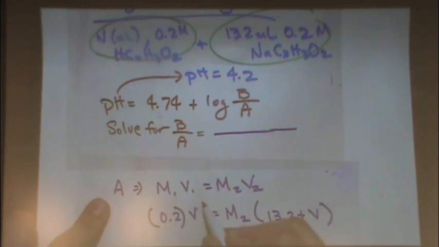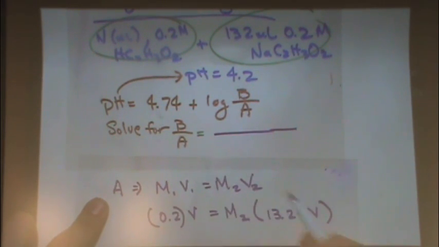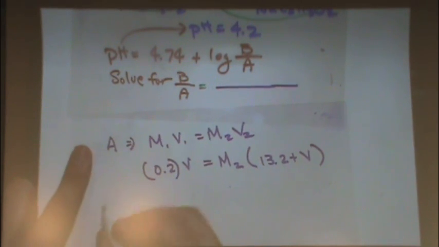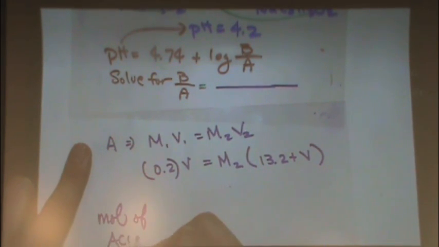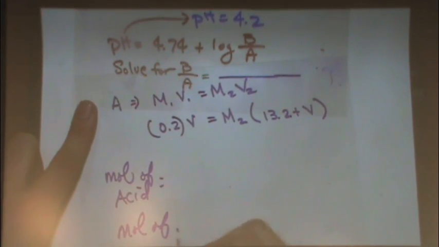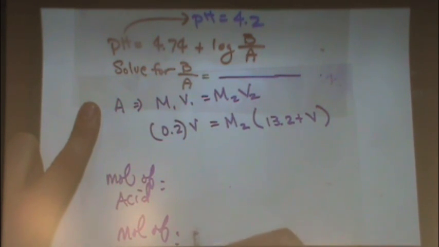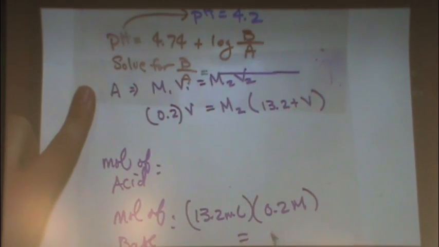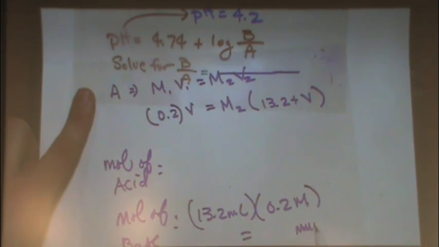So you're going to be stuck in a lot of different ways unless you just go for the moles. I think the easiest way to do this is find the moles of the acid and the moles of the base. The moles of the base is going to be the easiest. It's just 13.2 milliliters times 0.2 molar, and this will be so many millimoles.